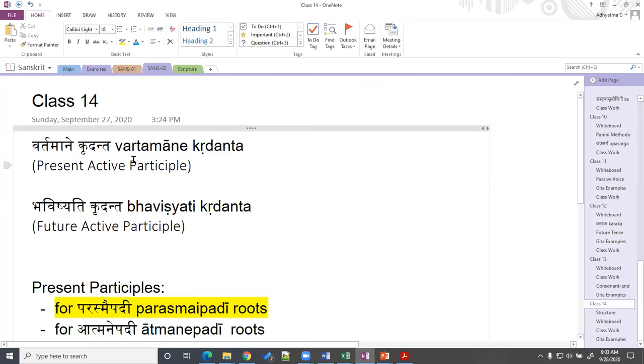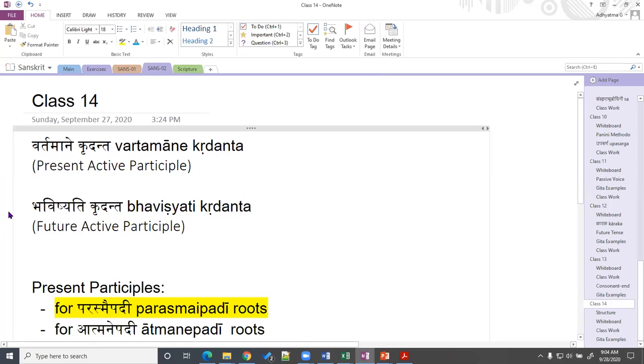Krudanta means the word in which Krut suffix is coming in the end. Not all such words are participles, but today's word is participle. And in today's class as well as next two classes, we'll study some very important participle words.